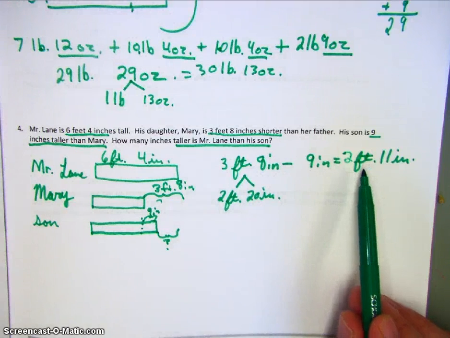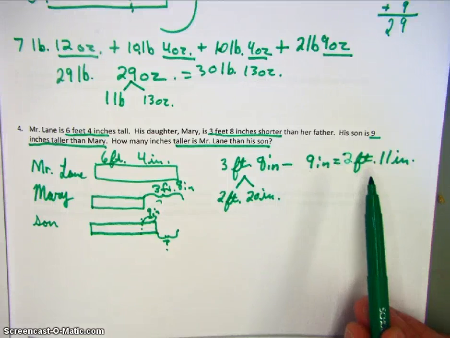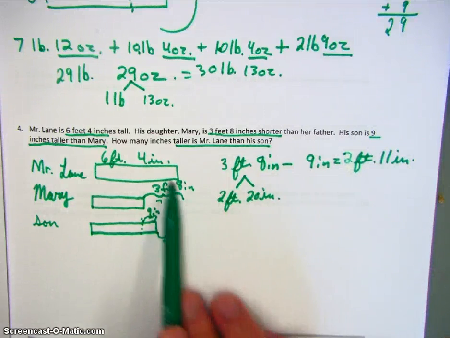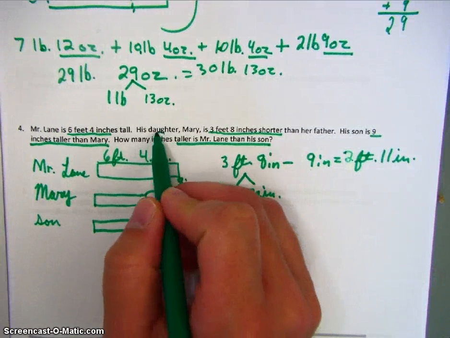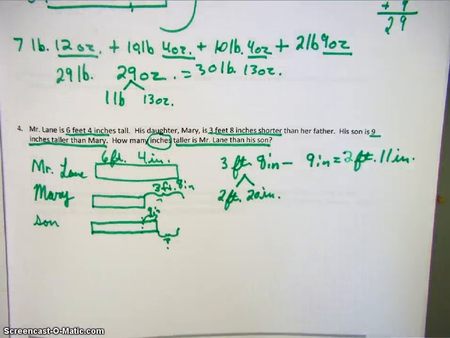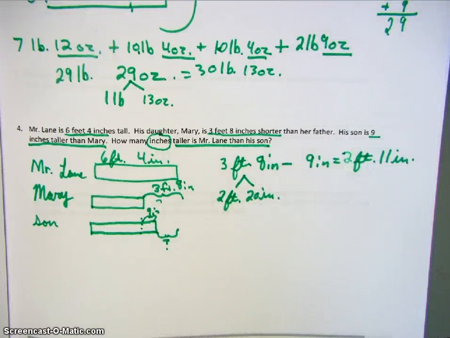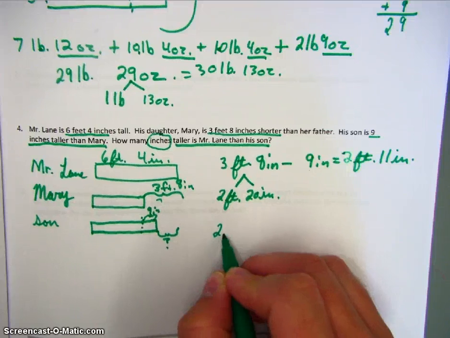Now, this is why it's always important to go back into the question. If we notice, our question says, how many inches taller is Mr. Lane than his son? So we know that Mr. Lane is 2 feet 11 inches taller than his son, but we need that in inches.